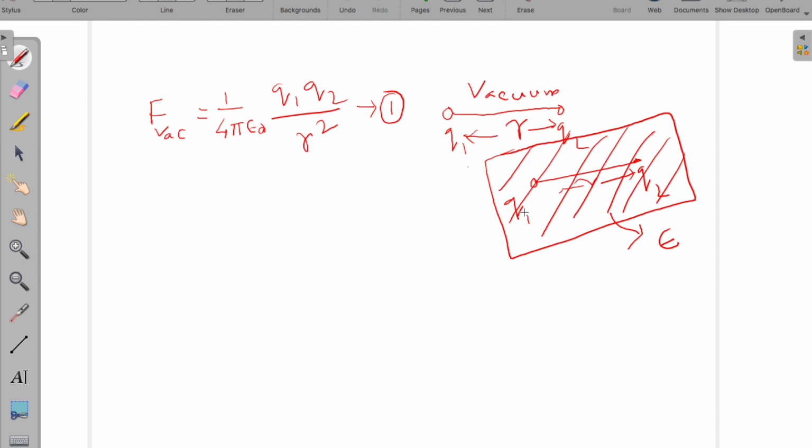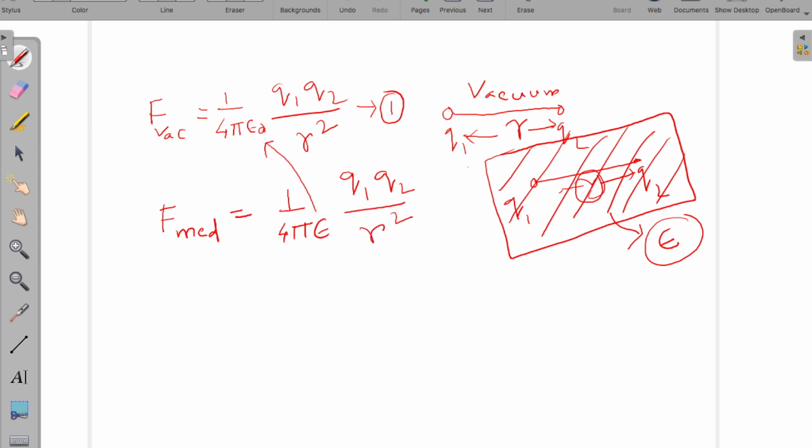The distance between the two charges is kept the same, which is r, and the permittivity of the medium is epsilon. So in this case, the force between the two charges, I will write it as F medium. The magnitude of the force is 1 by 4 pi epsilon Q1 Q2 by R square.